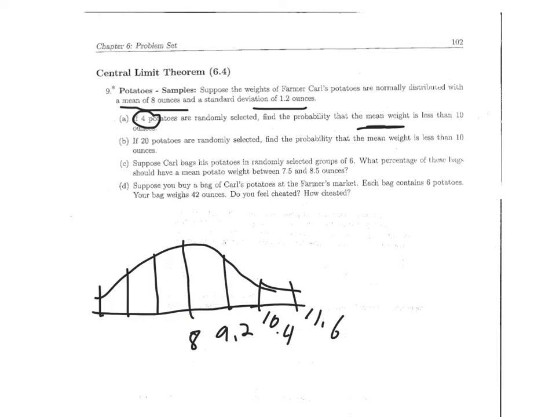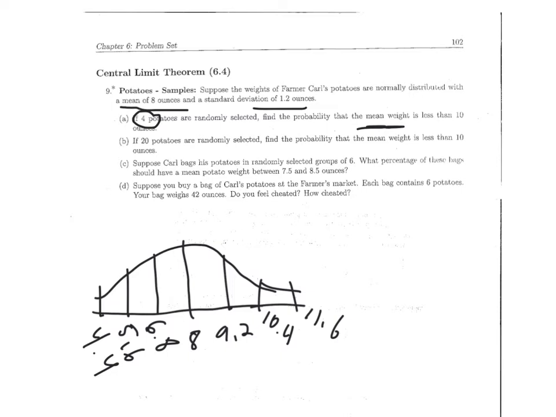Then if I subtract 1.2, that would be 6.8, 5.6, and 4.4. So practically all the potatoes in this guy's garden will fall between 4.4 ounces and 11.6 ounces. What did I just do here?